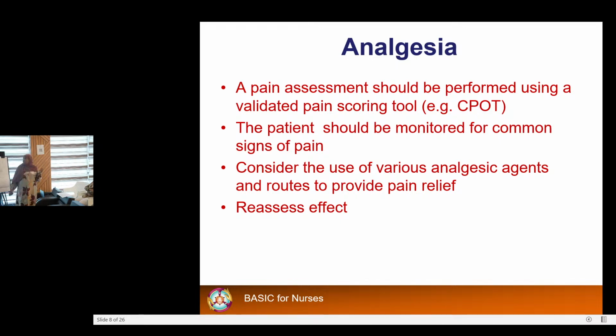Okay. So always you have to reassess. You assess your patient, you give analgesic, then you have to reassess. If you have to change, you change. If you have to add, you add. If you have to reduce, you reduce, is it? Not one analgesia from day one until the patient is discharged from ICU, the same analgesia. No.